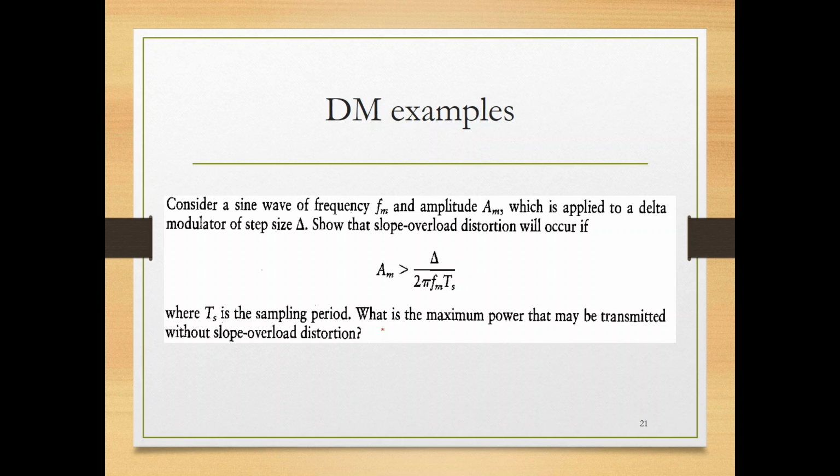The problems are basically three key problems. The first one, overload distortion. What's the reason of that, why it happens, and how to solve it? Granular noise. What's the reason of that? When the step size is so large with respect to the slope. And how to solve it by using adaptive delta modulation, using different step sizes according to the slope of your message signal.